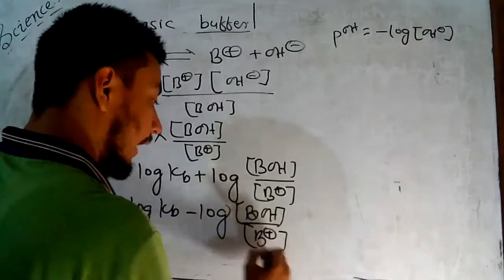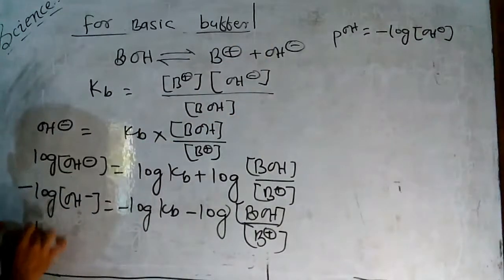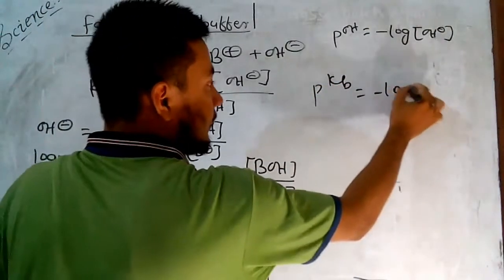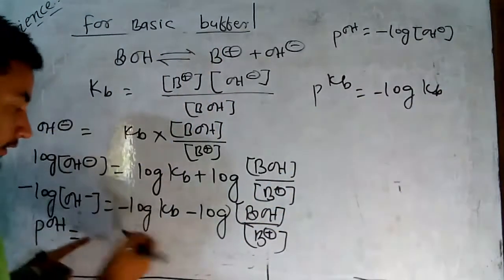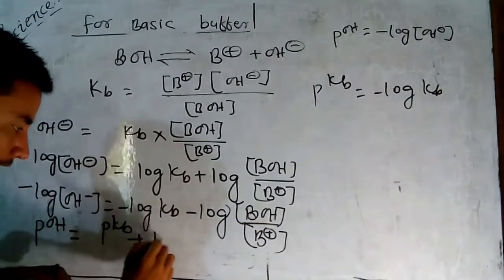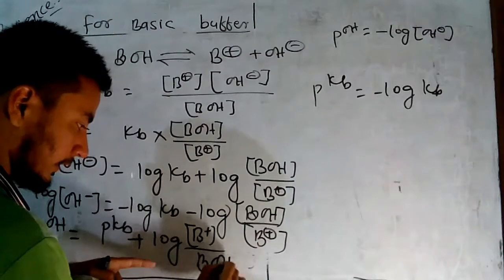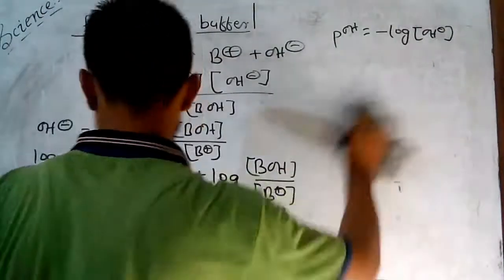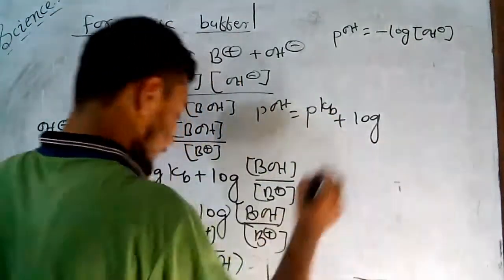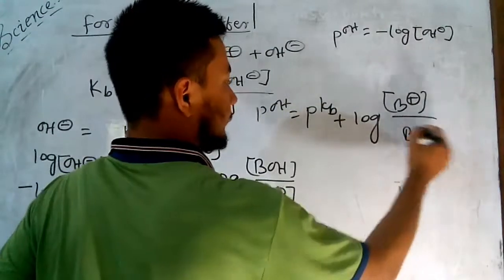Since pKb equals minus log Kb, in place of minus log Kb we write pKb, the dissociation constant for base, and when I reverse this term, this one goes to the numerator and this one comes to the denominator. Finally we get pOH equals pKb plus log B plus by BOH.